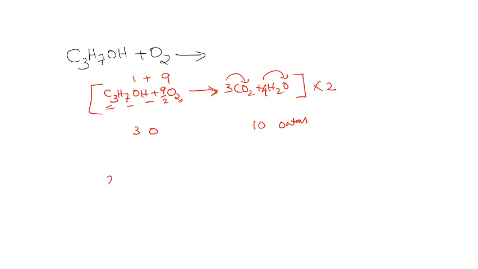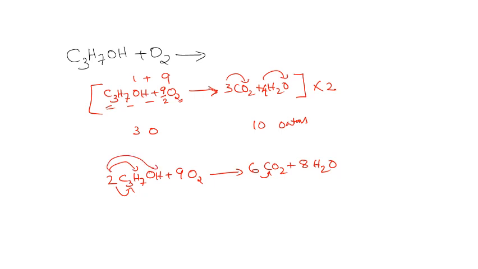So I will just write 2 C3H7OH. So this will be 9 O2. That will give me 6 carbon dioxide and 8 water. So let us see. I have 6 carbon, and I have 14 plus 2, 16 hydrogen atoms, and I have 8 times 2, 16 hydrogen atoms.